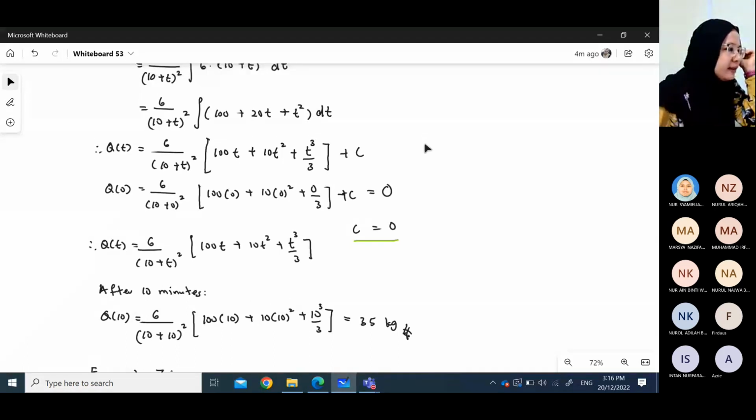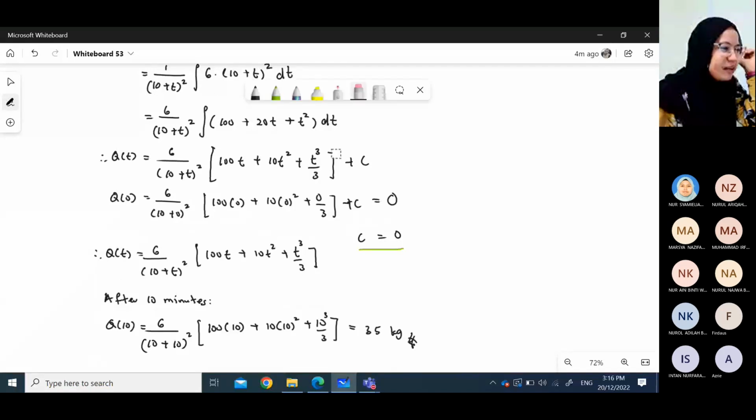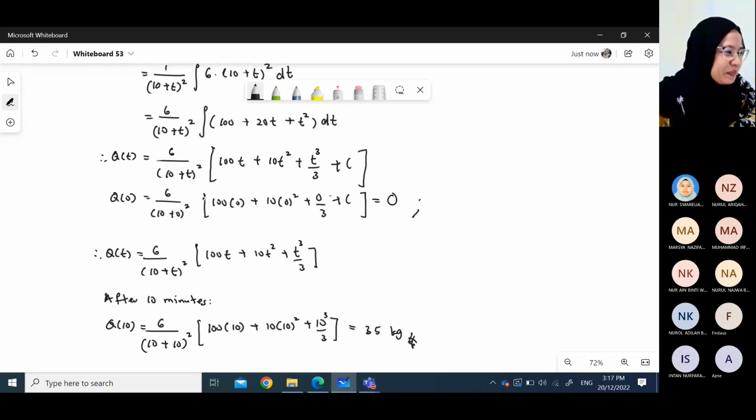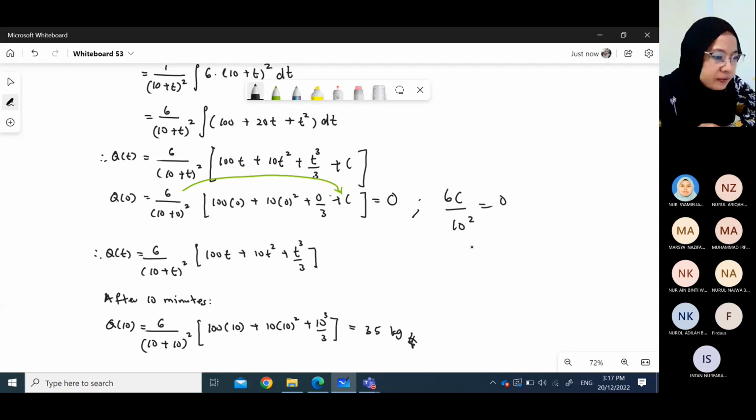Okay, so there is a small mistake. Open it again. Okay, so this one we integrate and then plus C. So multiply here, we get zero. There is C here, right? So this one we multiply with this one. So here we have 6C over 10 squared equal to 0. So the answer is still 0. Right? Zero. Even if you bring 10 squared to the other side, you will still get zero.